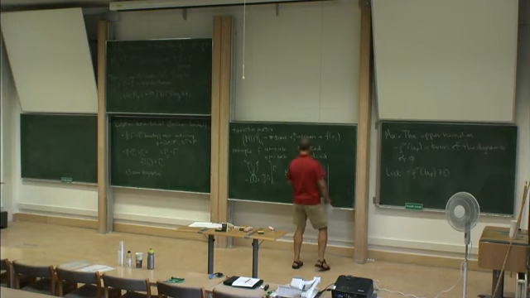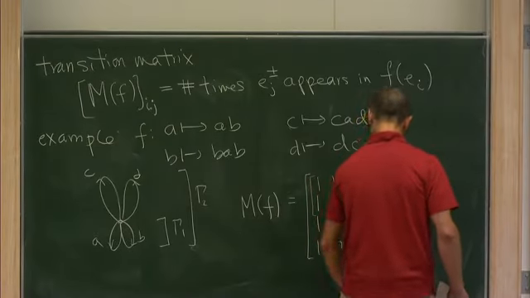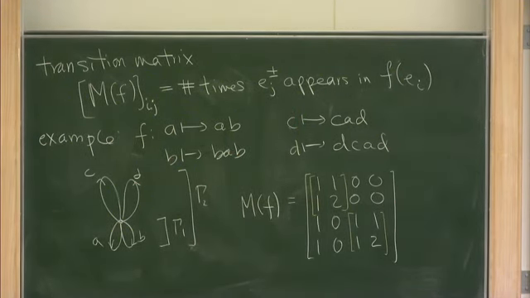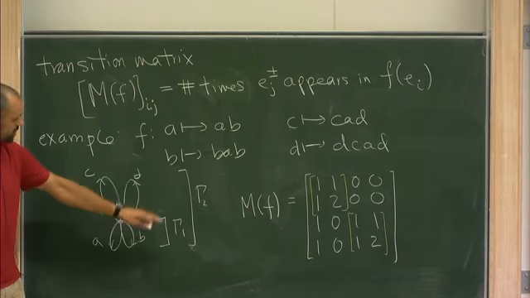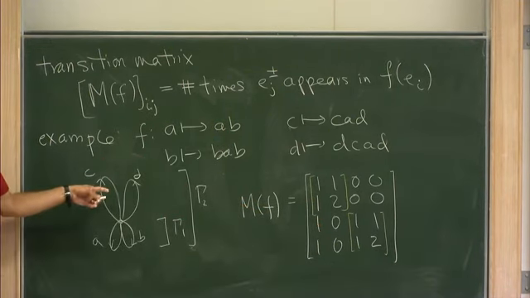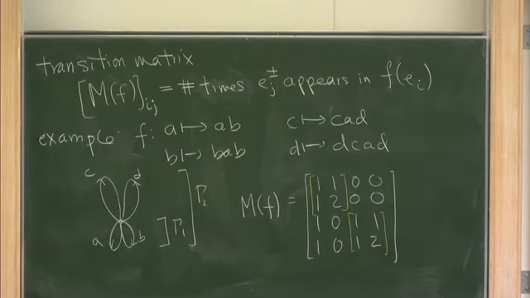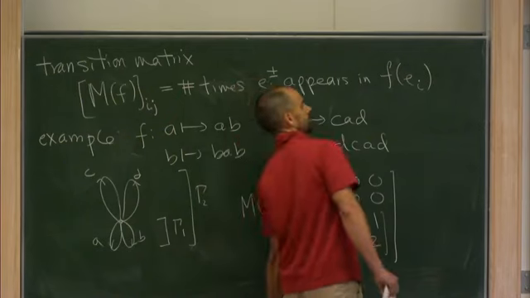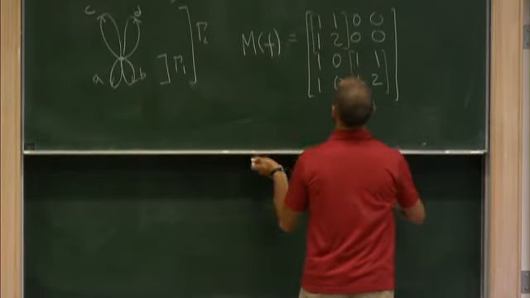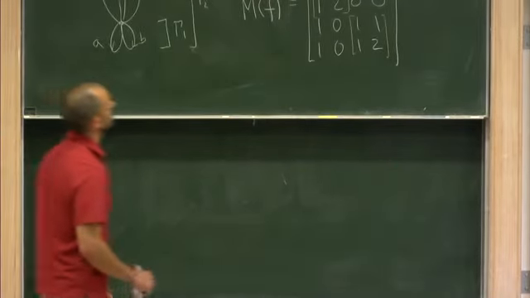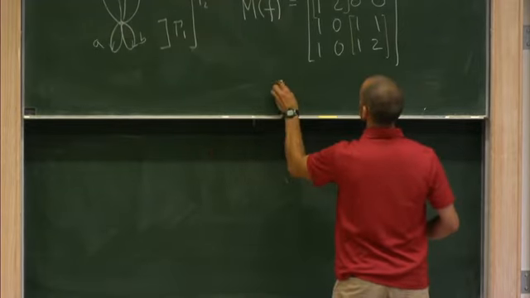Okay? And the important feature here that I want to highlight about this matrix, one of the things you get from the filtration, is that as long as you order the edges in the obvious way, where edges in the lower elements of the filtration are ordered first, this matrix has a block triangular format. Right? So there are blocks along the diagonal corresponding to what's going on in the individual strata. If I look at one of the filtration pieces minus the lower one, this block is just recording how many times C crosses C and D and how many times D crosses C and D. And of course, this one is just for A and B. So if you do this correctly, the filtration property tells you that your matrix always has this form.